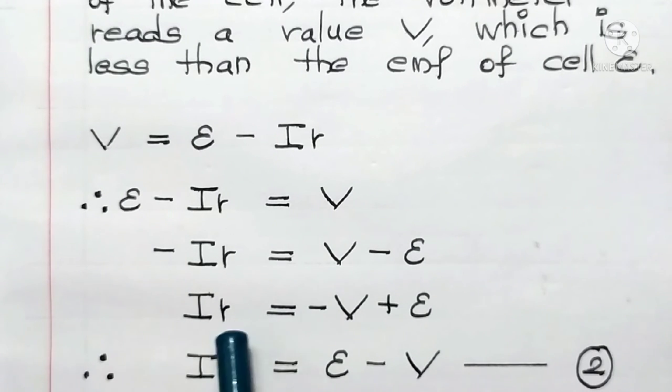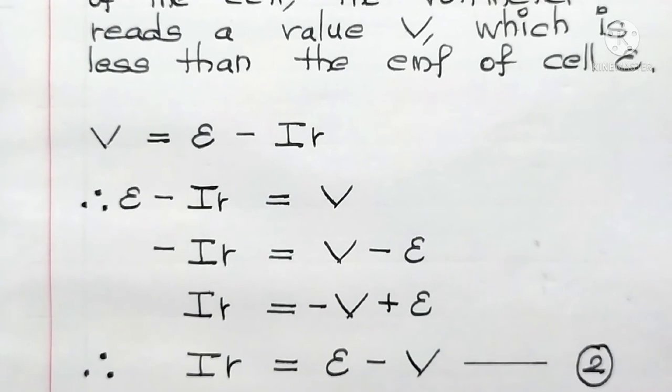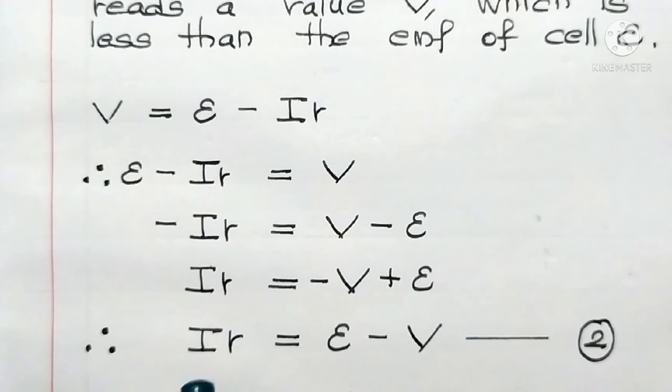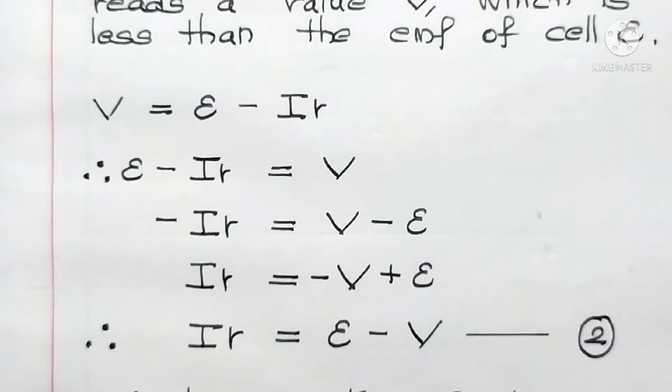So plus Ir is equal to minus V plus E. In the next step, therefore Ir is equal to, I have brought the plus term first and then the minus term next. So Ir is equal to E minus V. Let it be equation number 2.